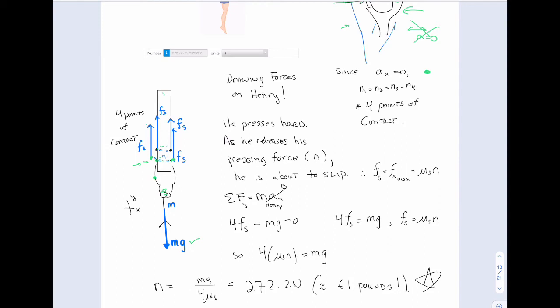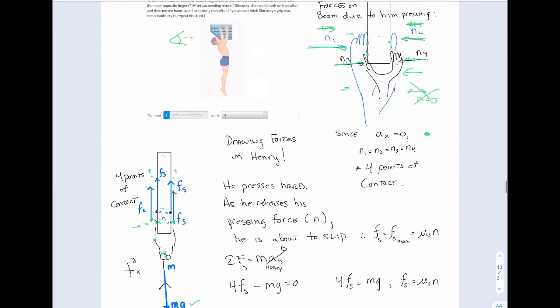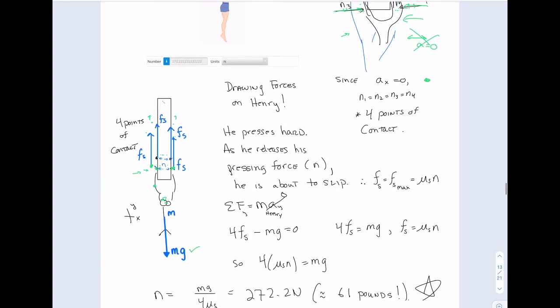They point up. The other hand has, let's say, a thumb and a forefinger contact point. The person wants to slide down, and friction prevents that from happening. So all these 4 blue forces are the 4 friction forces due to these 4 points of contact. Each hand has 2 points of contact. He's pressing hard, and as he releases his pressing force, as his normal force gets smaller, he's going to slip.